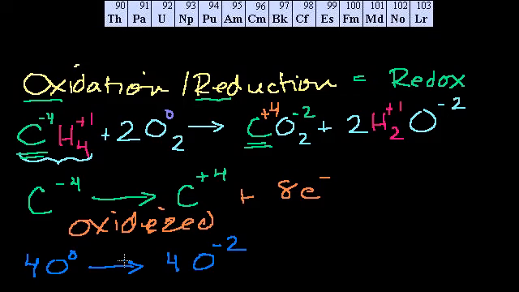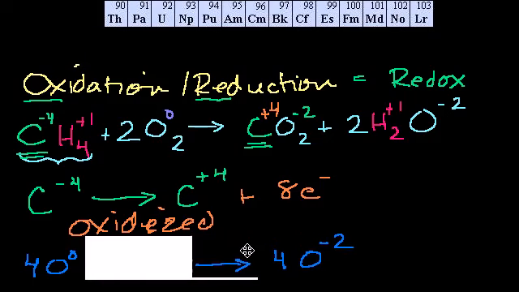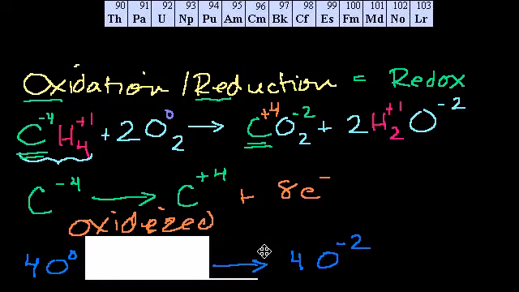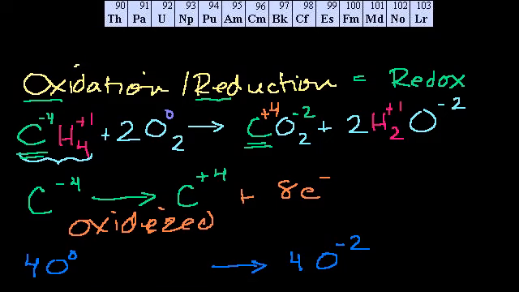So actually, let me rewrite this reaction. Let me erase a little bit of it. Even better, let me just move this over. There you go. And let me fill that in just so it's aesthetically pleasing. All right.